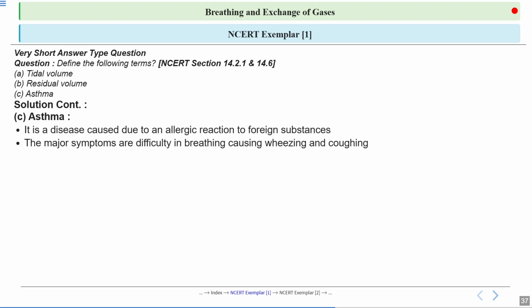The major symptoms are difficulty in breathing, causing wheezing and coughing, a lot of coughing during the asthmatic attack. What happens in asthma is that our bronchi get inflamed, there is swelling, so we do not get proper breathing, and our breathing is affected, right?